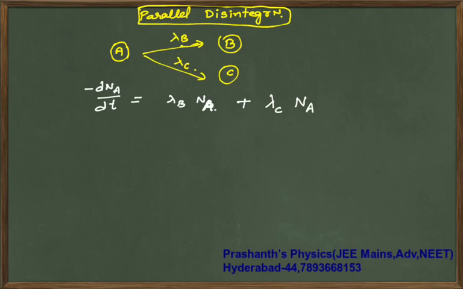Each process has this, and your net disintegration is this, because it happens simultaneously from both sides.